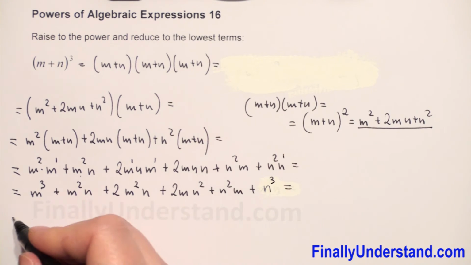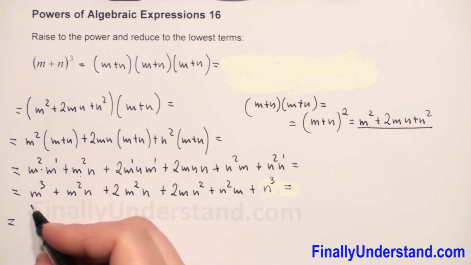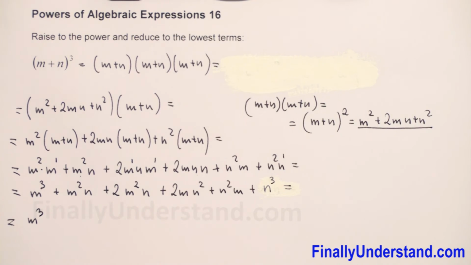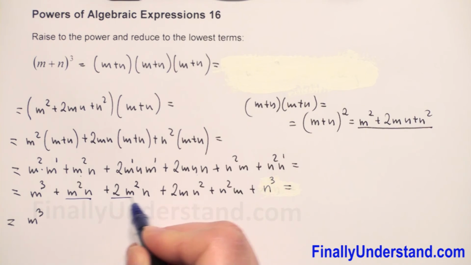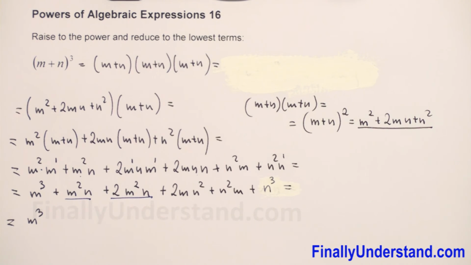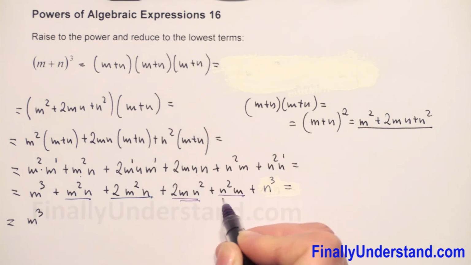So this is equal. Now we have to combine the like terms. We have m cube, only 1, and next we have m squared n, 2m squared n, and we have 2m n squared and n squared m, so it's the same m in the first power and n squared in the second power, so they are like terms.